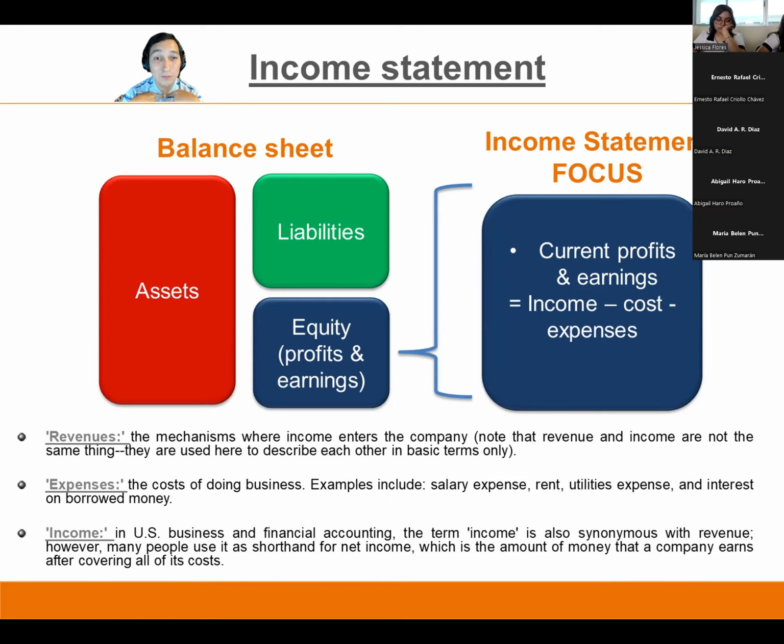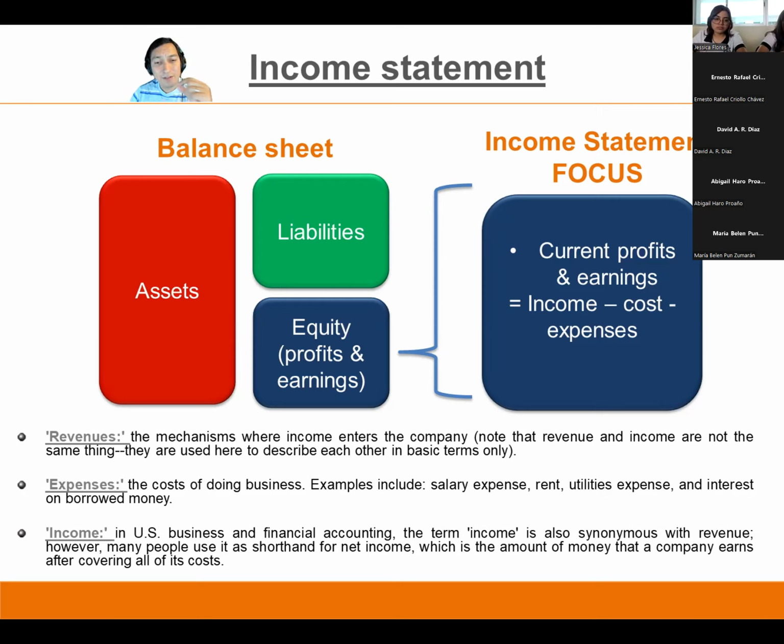As an investor, I want to see how much money entered the company and how they spent that money, right? Does that make sense to you? And that's why the profit and loss is the proper statement that investors use in order to evaluate the management team.